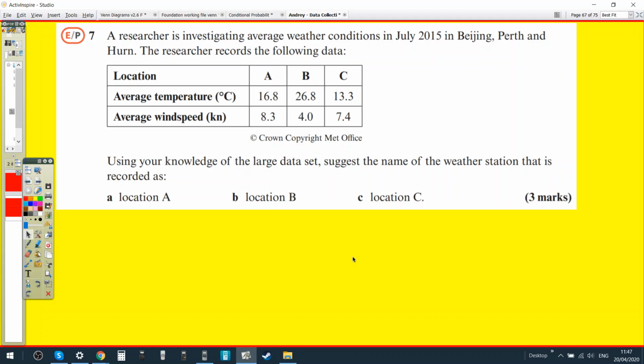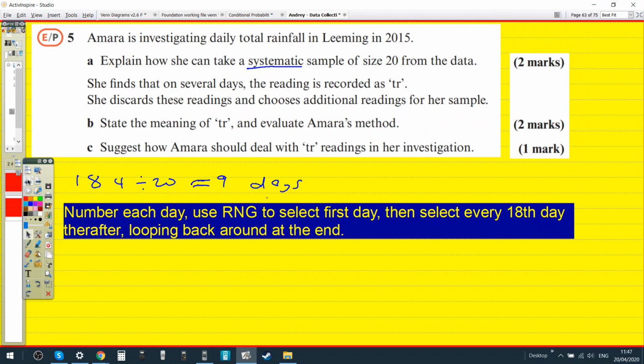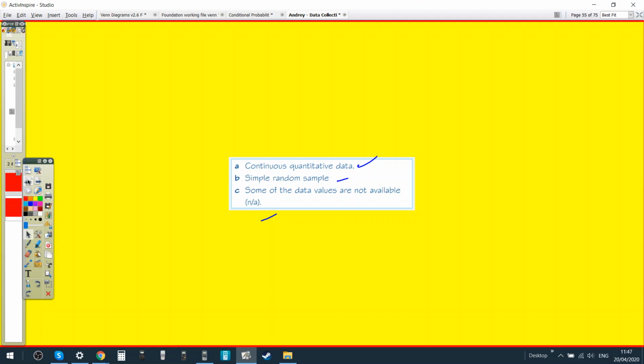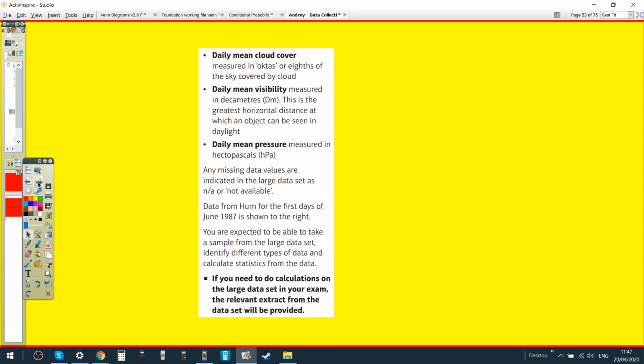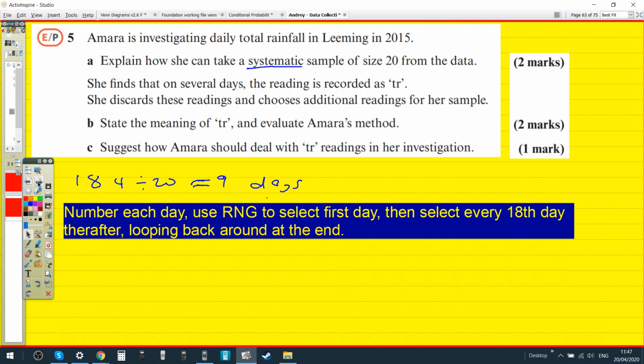I think Beijing or Perth will be location A. I'm assuming that either Perth or Beijing will be location A. And why is that? Because I know that in Australia and Japan it's quite hot. Okay, I didn't know that. I'll take your word for it.